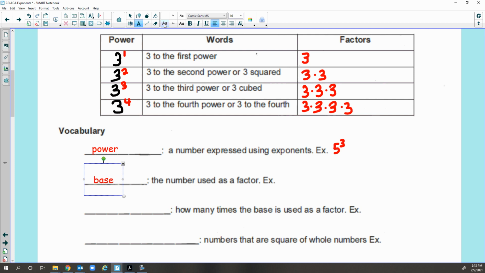So in our example of 5 to the 3rd power, 5 is the base. An exponent is how many times the base is used as the factor. So the example of that, in our 5 to the 3rd example, would be the small little 3 up in the corner. That's the exponent.